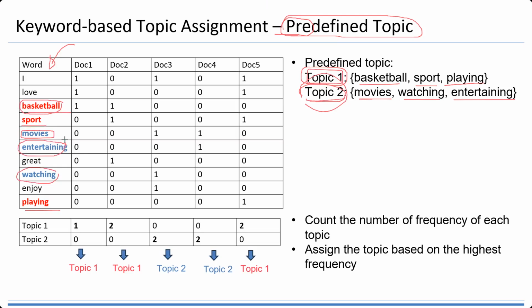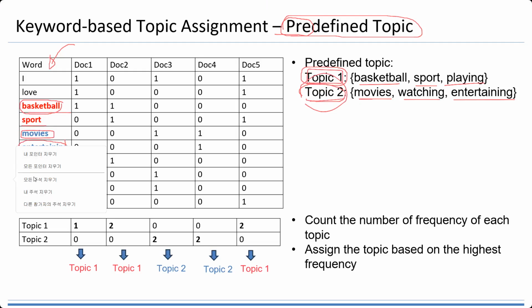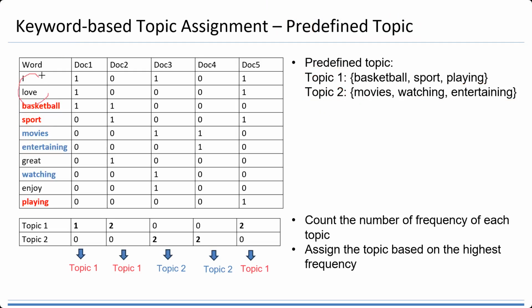The other kind of words are just general words. There is no particular topic because we cannot assign love, great, enjoy, and also I, to either. We cannot decide whether it is about sport or about movie.